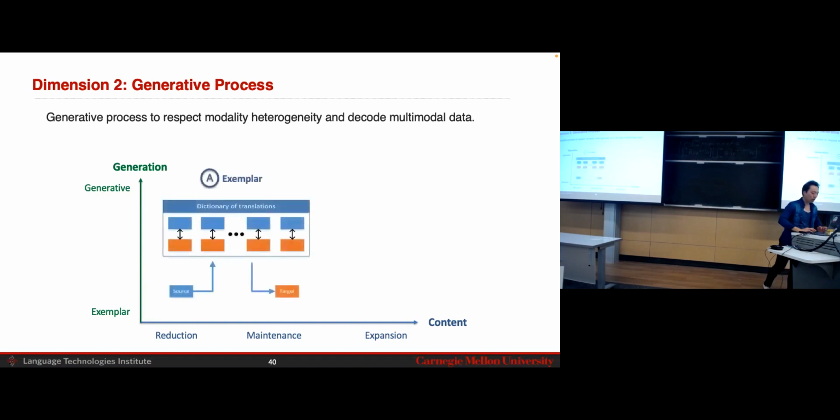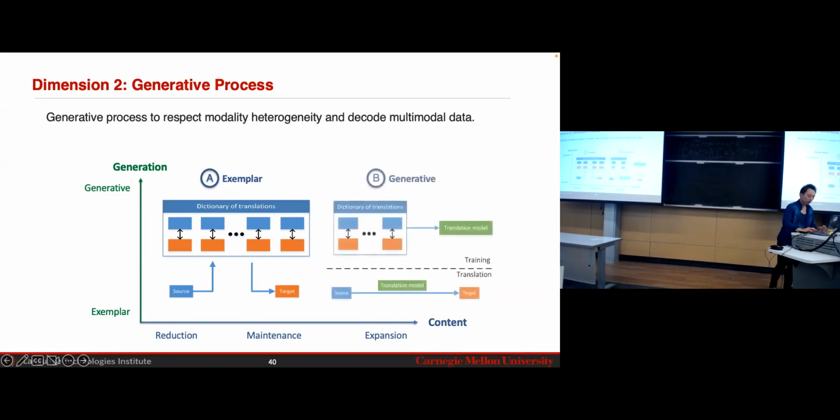And again, there's two big paradigms. One is more example-based. If you have a dictionary of translations that you store from your training data or from external knowledge, you can reference this dictionary when you want to generate a source to a target. The other typical approach is generative models. If you have a dictionary of translations, typically in your training data, you can learn a generative model to parameterize this dictionary of transformations, and then you can apply this translation model onto new data that comes in as a source to try to predict the target.